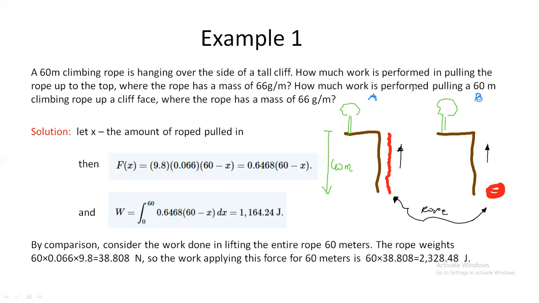How much work is performed in pulling a 60-meter climbing rope up a cliff face where the rope has a mass of 66 grams per meter? In the first question, there was no description of the length of the rope. It was just saying how much work is performed in pulling the rope up to the top where the rope has a mass of 66 grams per meter.